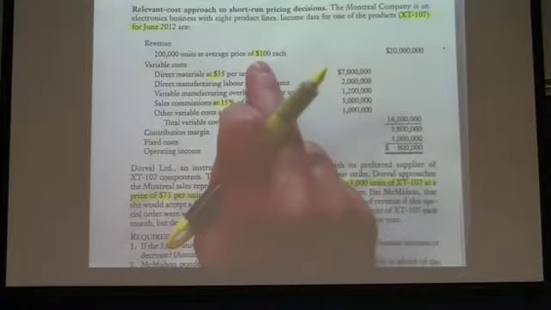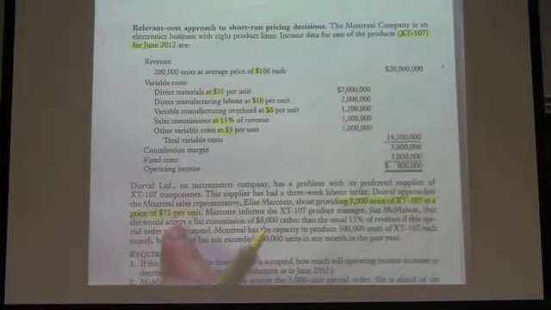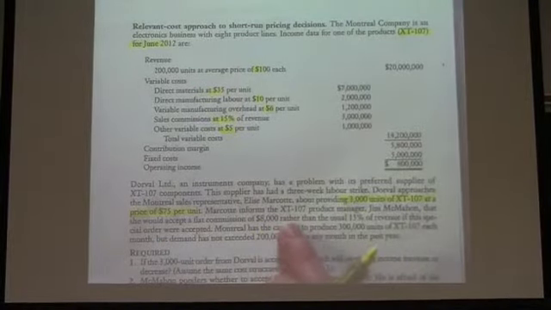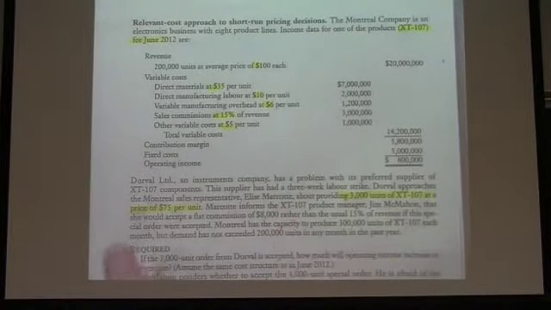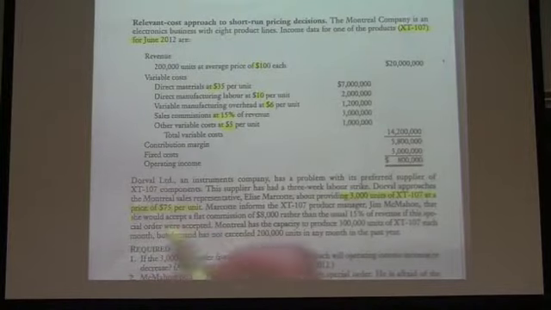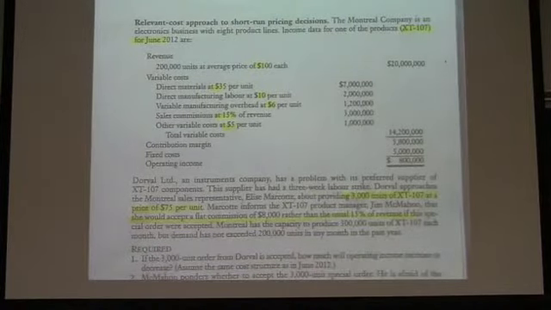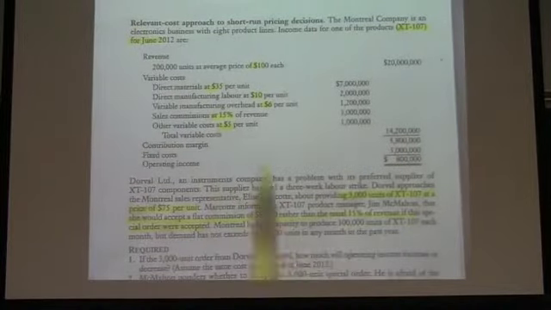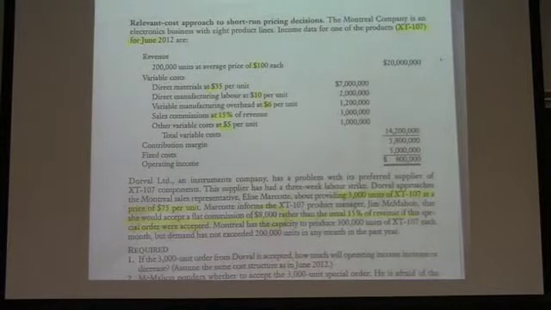We're selling for $100. They want to buy from us at $75 per unit. Marcotti informs the XT107 product manager, Jim McMahon, that she would accept a flat commission of $8,000 rather than the 15% of revenue if the special order was accepted. So instead of the 15%, she's going to accept a flat $8,000 commission.